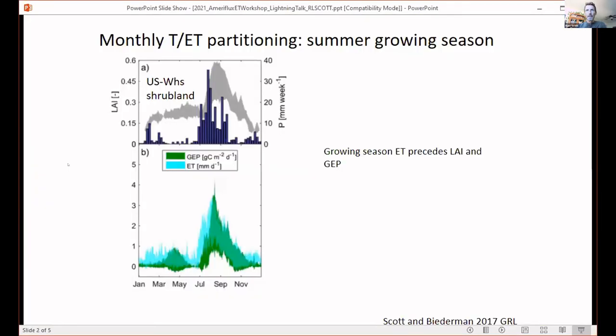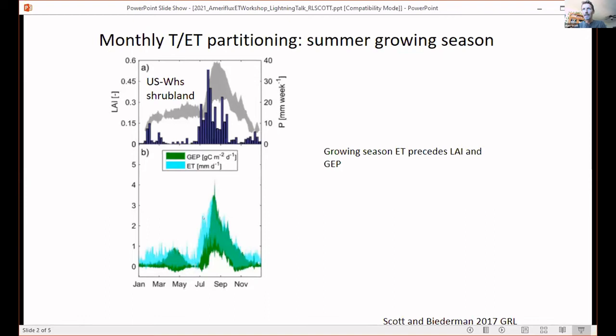Okay, so just to get you oriented to the sites, these are dryland sites, and here we have a summer growing season where the rains don't start until around July or so, and then in July the plants respond and start to green up, and then kind of peak in LAI around August, and then start to brown down in September and October.